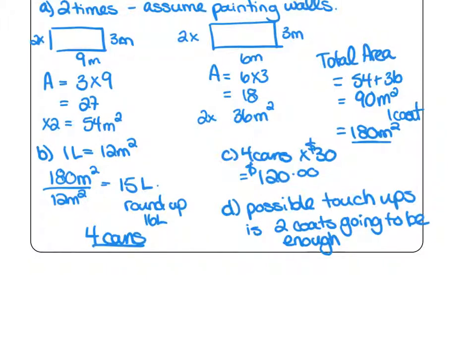Sometimes with these types of questions, especially with construction, if you're looking at tiles, you might think, what about wastage? What if I have to cut a bunch? I know it doesn't really go with the paint, but stuff like that, you want to really think about. Yes, I might screw it up, so maybe I should get a little bit extra.